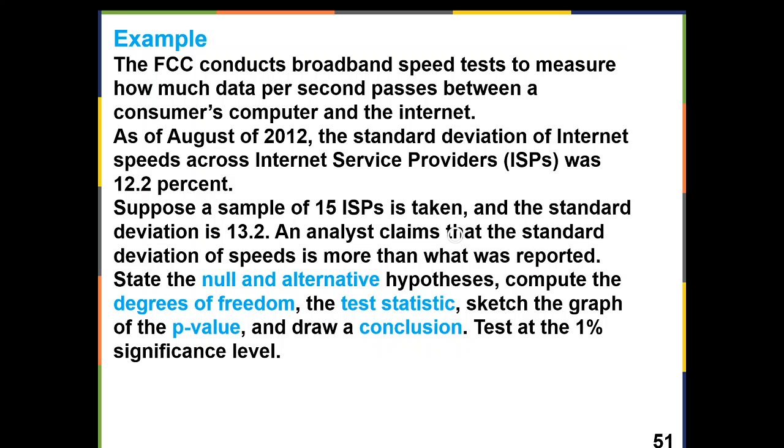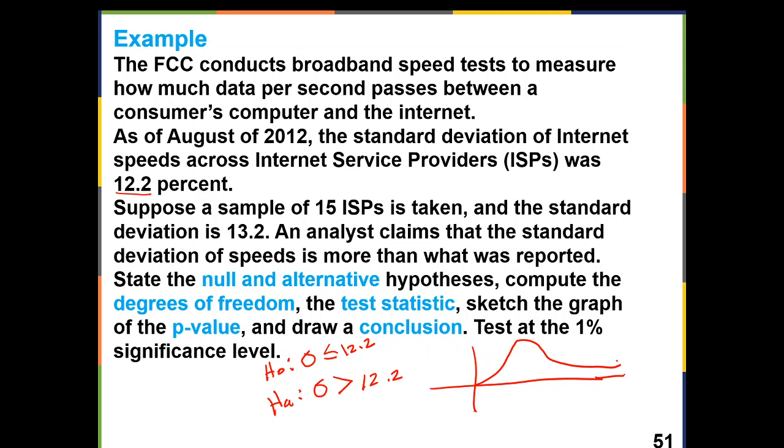An analyst claims that the standard deviation of speeds is more than what was reported. So basically somebody says that this is greater than 12.2, right? So the null hypothesis, we could just put equal to, or you could put less than or equal to, doesn't matter. So this is a right tail test.